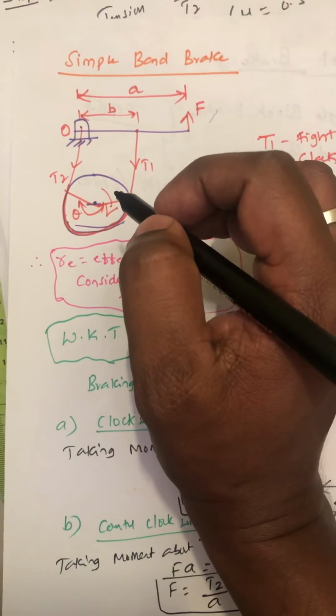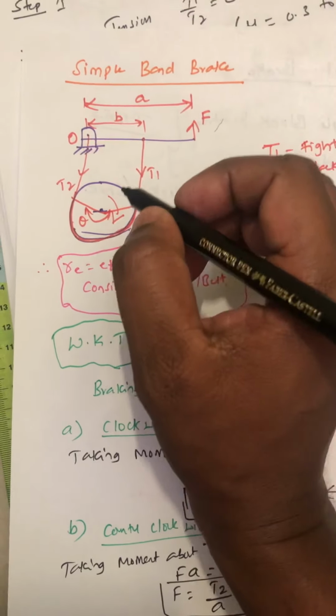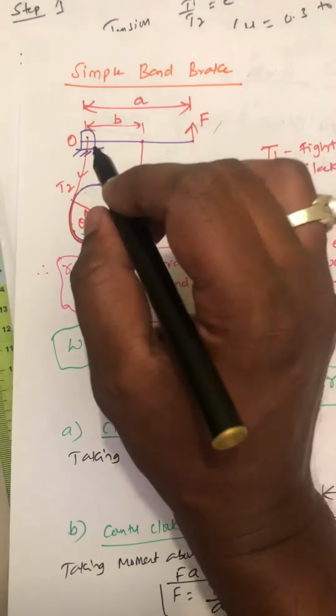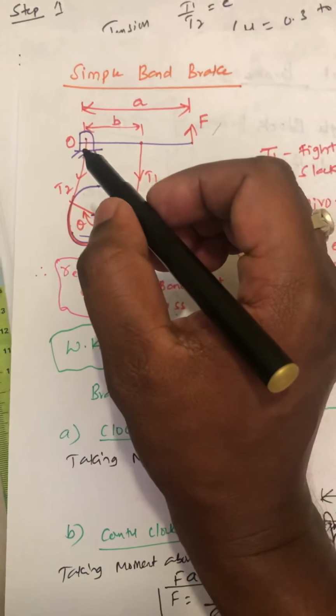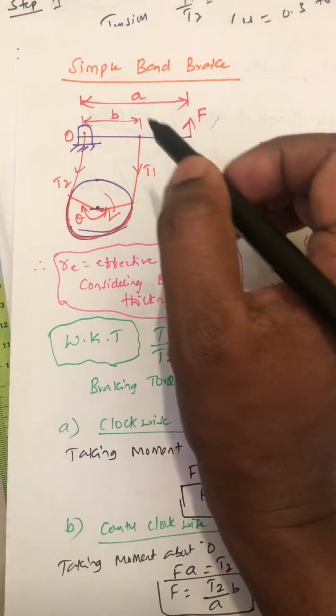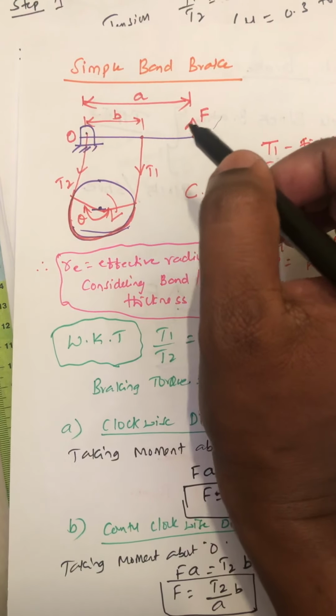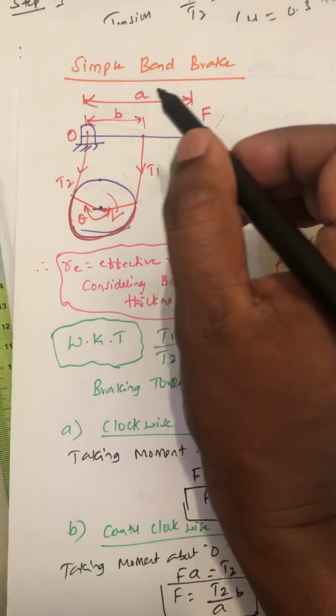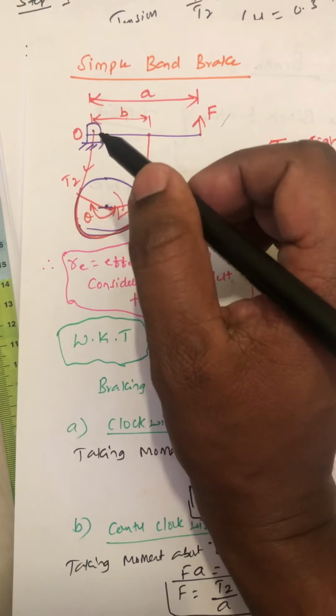Then the vehicle will stop. Similar to the block brake, here also this is the fulcrum point, called O, and this is the force. The distance between this point and this point is called A, and between this point and this point is called B.